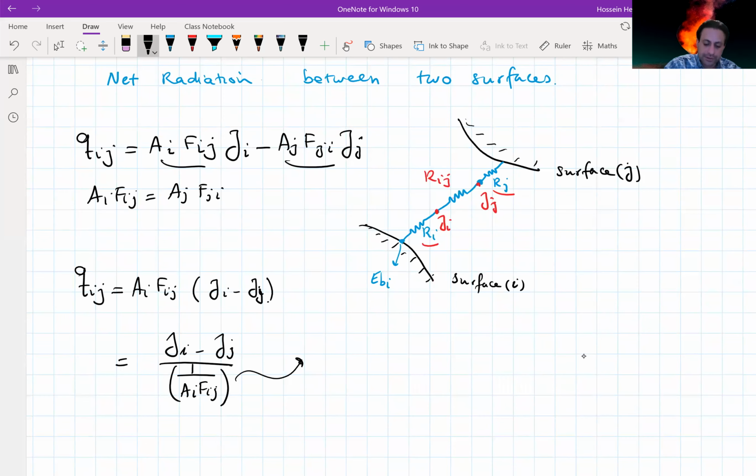This is what we call Rij, which is 1 over Ai Fij, the space resistance to radiation.